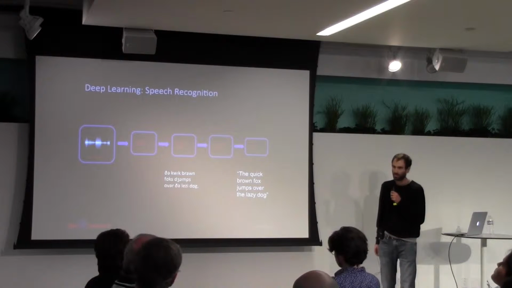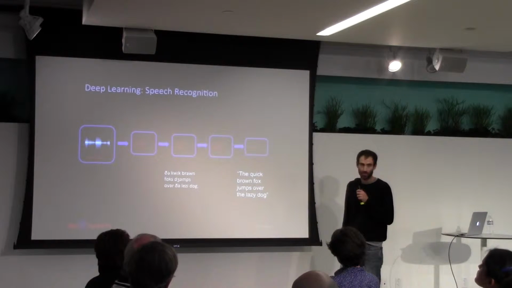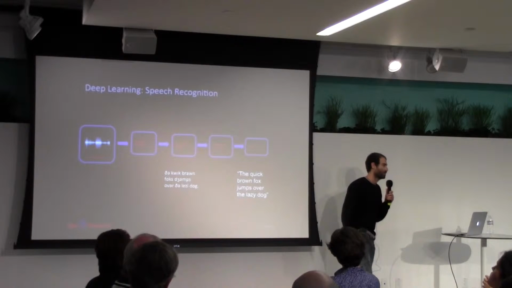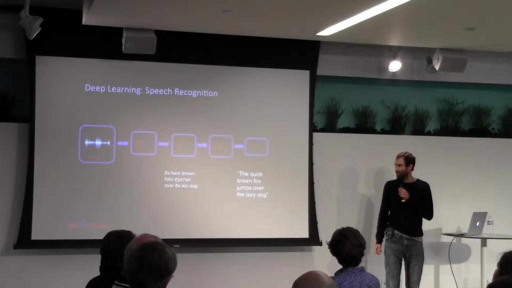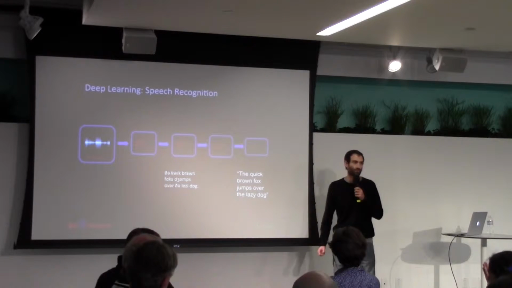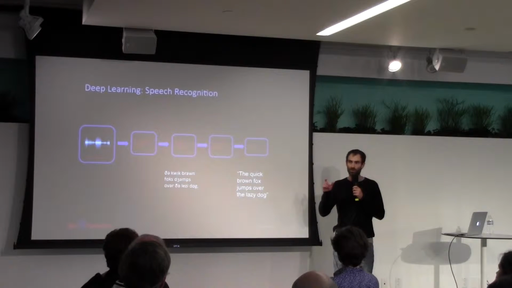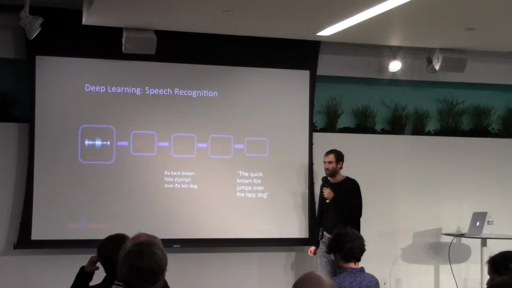Okay, so how does speech recognition work? Well, it starts with a snippet of audio, and someone has to have said something, and we take that snippet of audio and we feed it into what's called an acoustic model. We chop it up into, say, 20 millisecond slices, and feed that into the acoustic model.